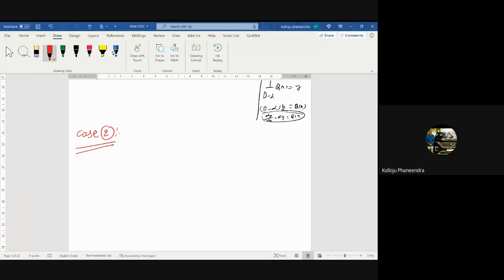Okay, case 2. Now case 2 is different. See, if q of x value is e power ax, that will be there; I will tell this one later on. Q of x is sin mx, sine function, or cos mx, or sin mx plus c, or cos mx plus c.